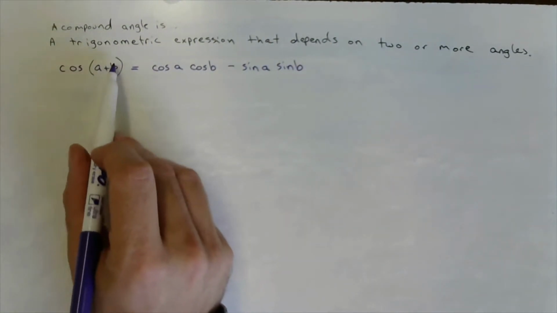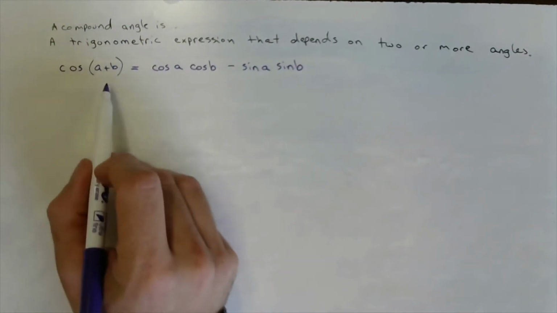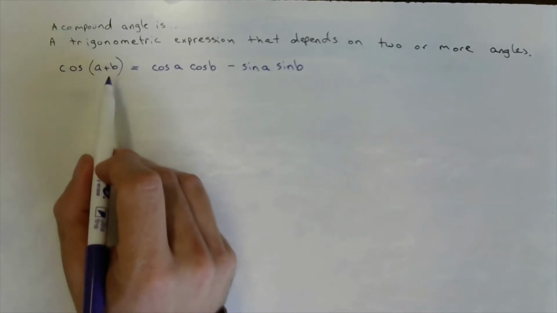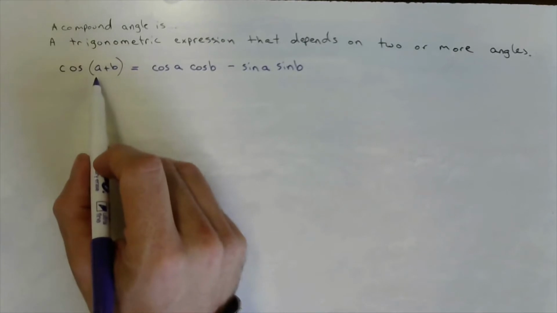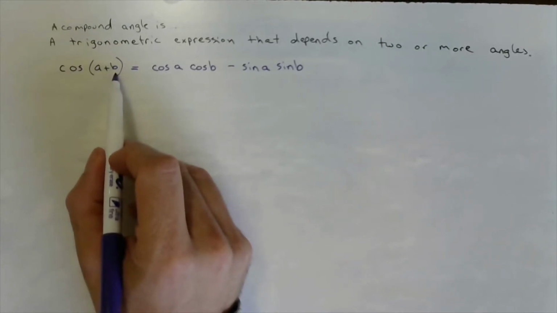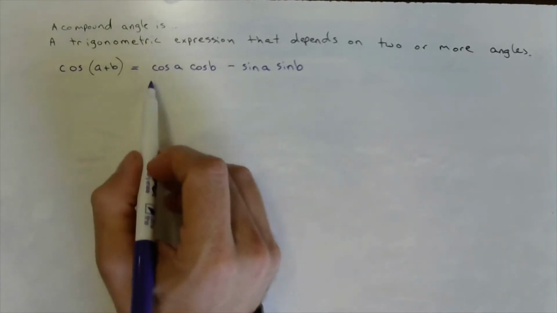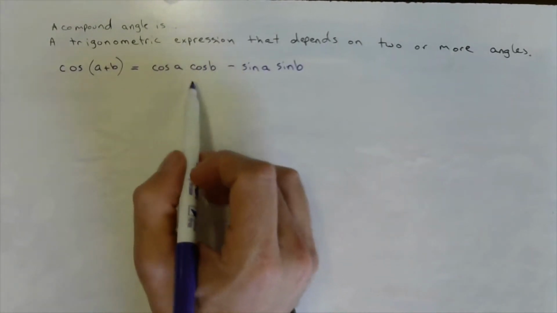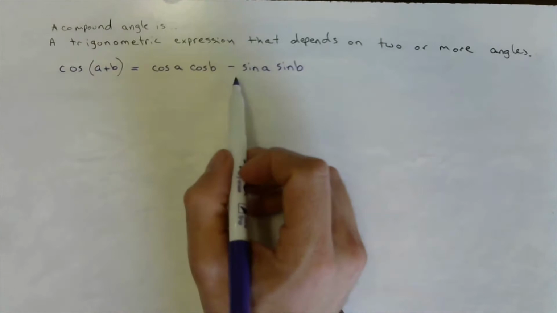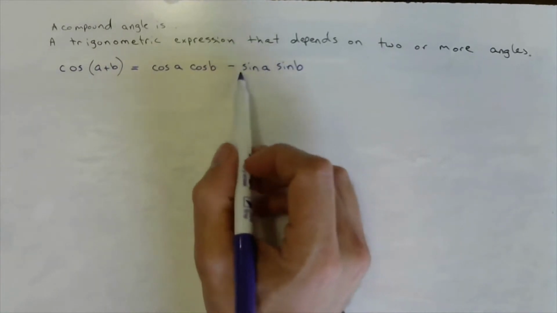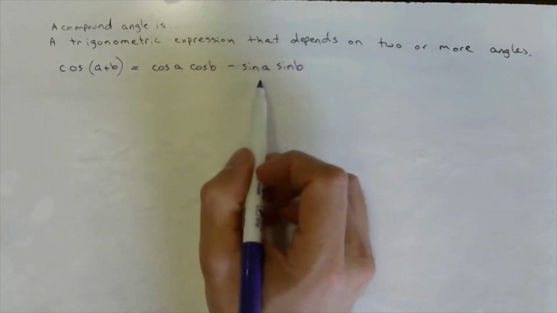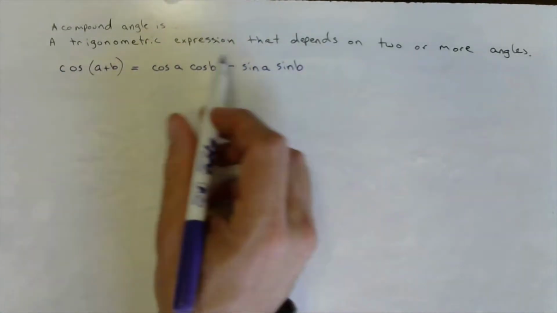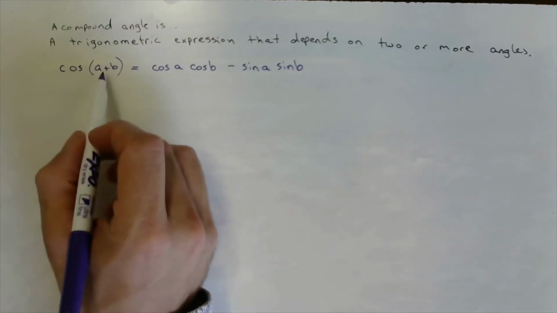Well, if we have an angle here that we don't know very much about, but we know we can break it up into special angle A and special angle B, then we know the exact value of cosine of A and cosine of B, and we can multiply them together. And we know the exact value of the sine of A and the sine of B if A and B are special angles. And then we can just do arithmetic to get an exact value of this, even if we didn't know anything about the original angle.